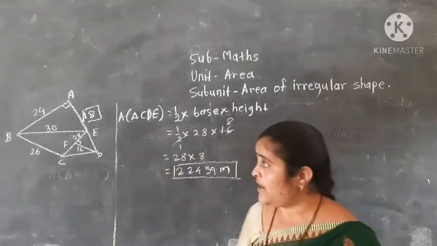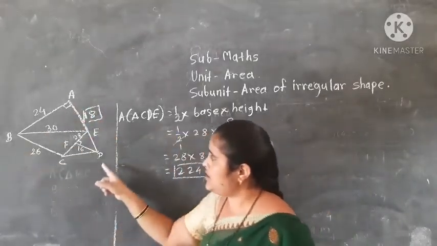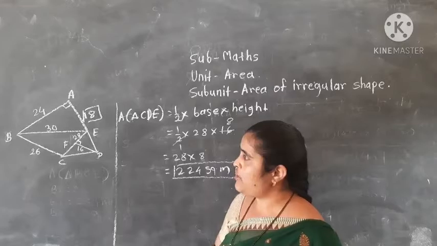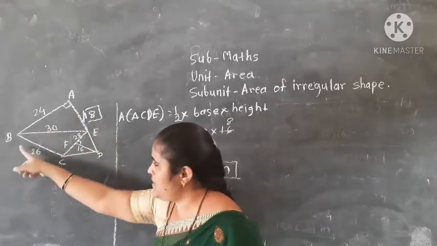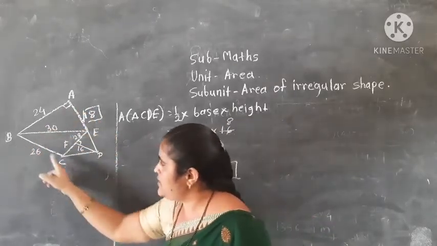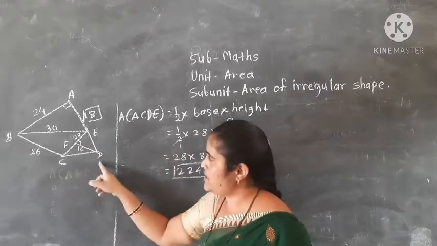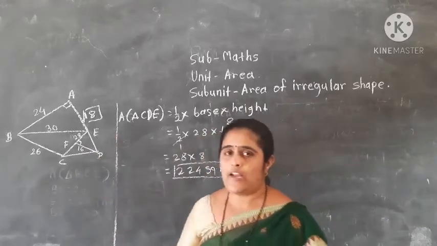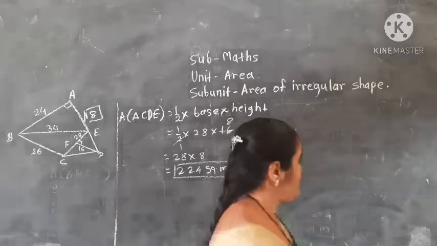Okay, for calculating the area of ABCDE, we have to add the area of triangle ABE, the area of triangle BCE and the area of triangle CDE. Let's see what will be the answer.